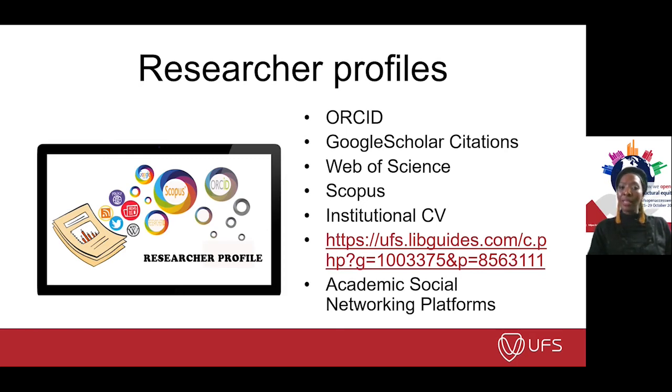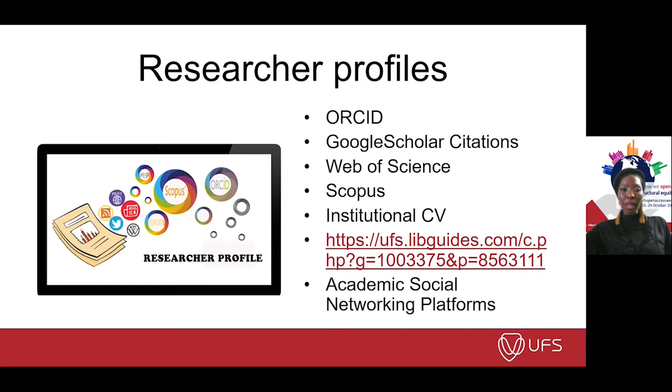And what's nice about an ORCID profile is that you can also embed your ORCID number on your email signature. You can embed it on various platforms as well. You can even embed it on your social networking pages. So you can embed all these researcher profiles there, as a measure of enhancing their visibility.